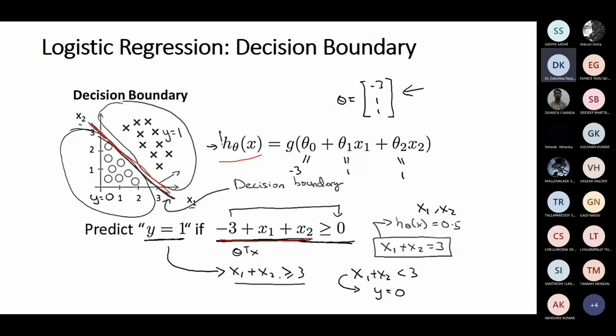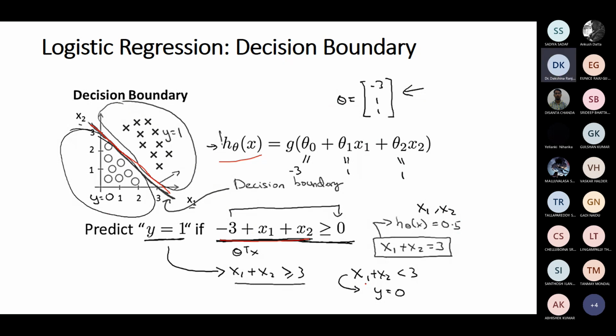So there will be two different relations from here: x1 plus x2 equals 3, or x1 plus x2 greater than 3. x1 plus x2 greater than 3 means the points which belong to the y equals 1 level will be found on the upper right portion of this decision boundary, and in the lower left of the decision boundary we will find the points which belong to the y equals 0 class level.